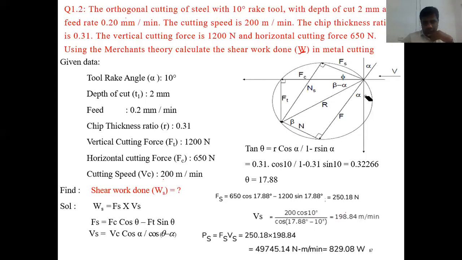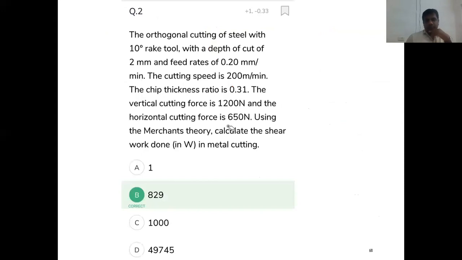Actually, this question is from the GATE exam, from two years before. It is a multiple choice question for 1 mark. In GATE, normally this kind of question is for 1 mark: +1 for a correct answer, -0.33 for a wrong answer. That means with 3 wrong answers you lose 1 mark in GATE. In this same question, they have given answers also. If you see the options, you have 829 as well as 49745.